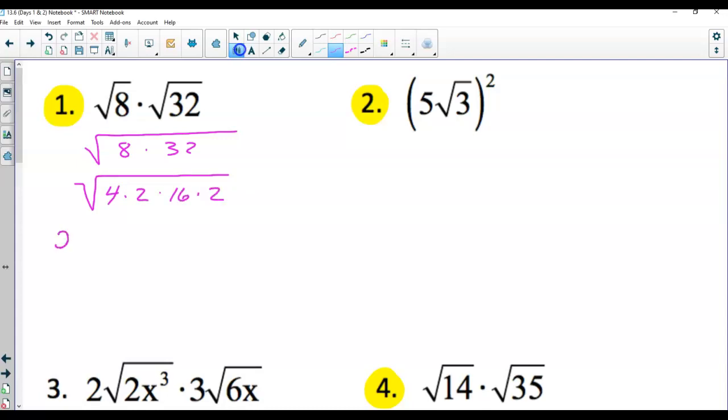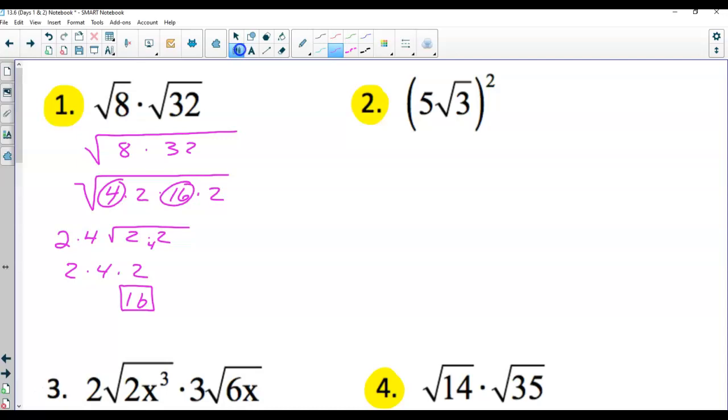So I know that the 4 comes out as a 2, times the 16 comes out as a 4, and then I still have 2 times 2, and because those are the same roots, this is really 2 times 4 times 2. Because 2 squared is really an invisible 4 underneath there, and the square root of 4 is 2. So 2 times 4 times 2, I'm going to get 16, is one way to go about that, all right?